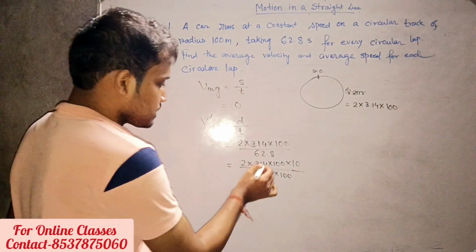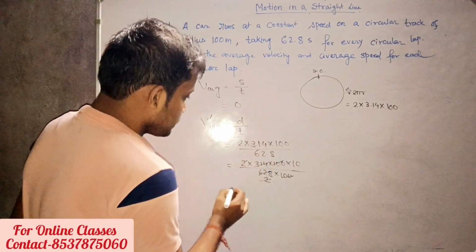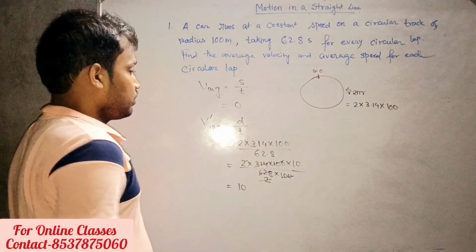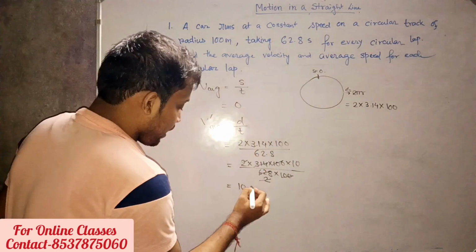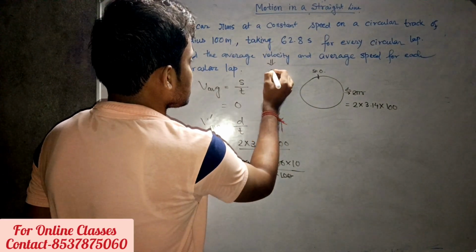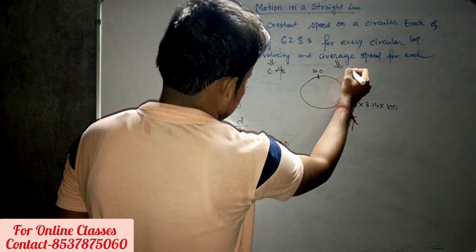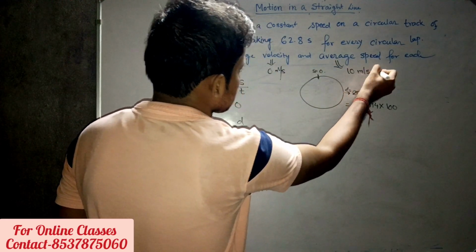Now we calculate this. Cancel 100. So what will be the average speed? Average speed will be 10 meter per second. So average velocity is 0 meter per second, and average speed is 10 meter per second.